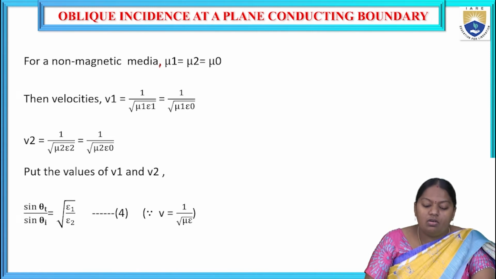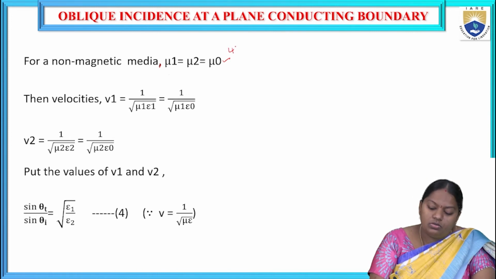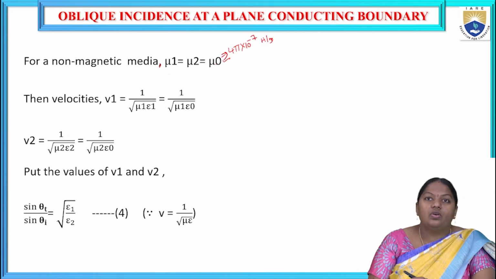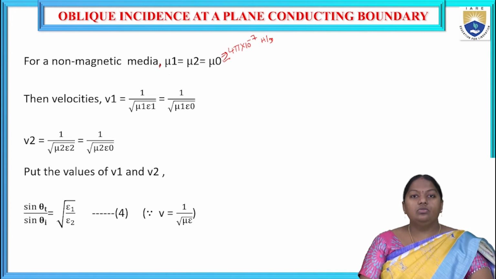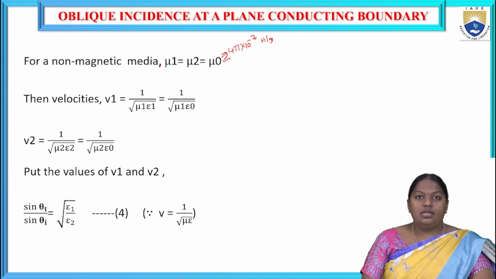That's why for a non-magnetic medium, we consider the condition mu1 equals mu2 equals mu naught, where mu naught is the permeability of free space, whose value is 4 pi into 10 power minus 7 Henry per meter.